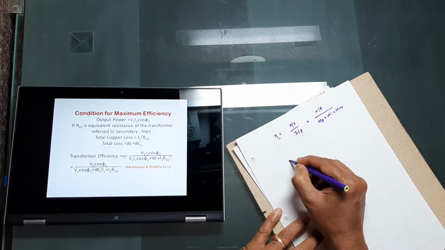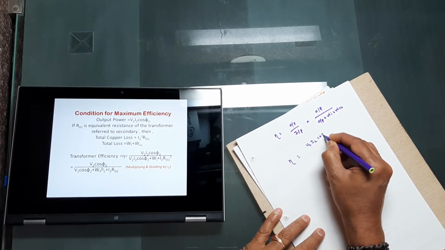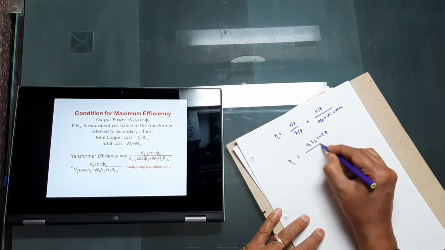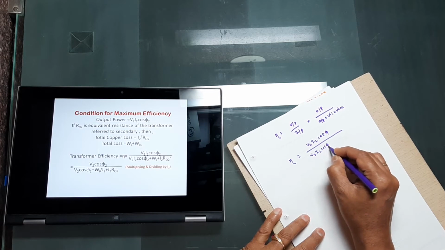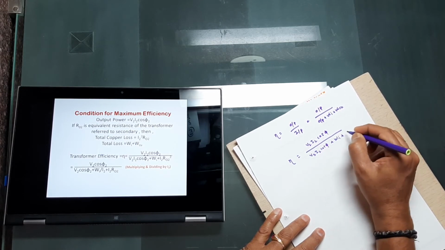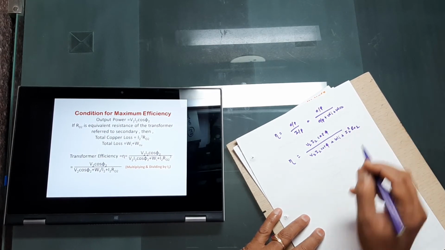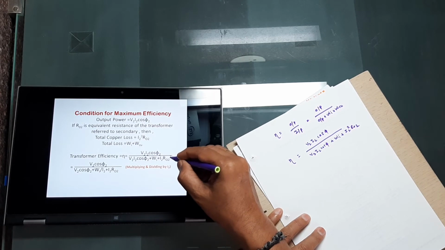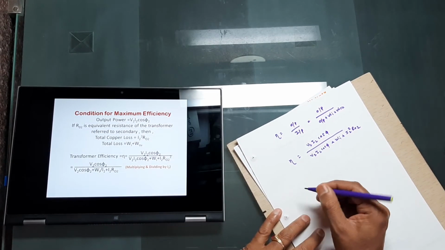I'll write it once again here. The output is V2 I2 cos phi, and the input is V2 I2 cos phi plus Wi plus I2 square RO2. It is I2 square RO2, just a correction.